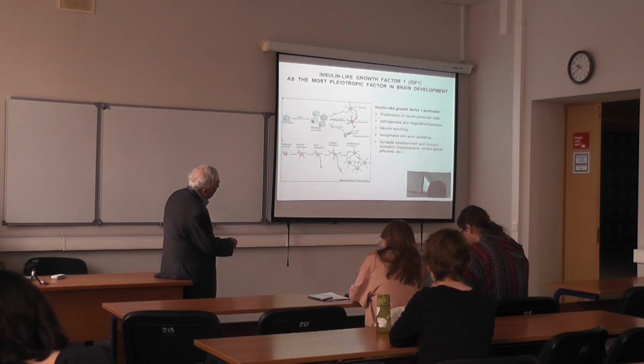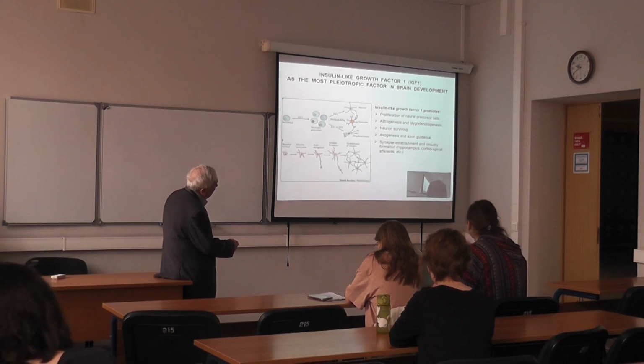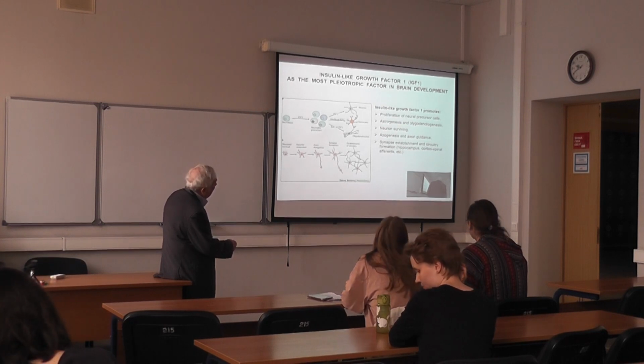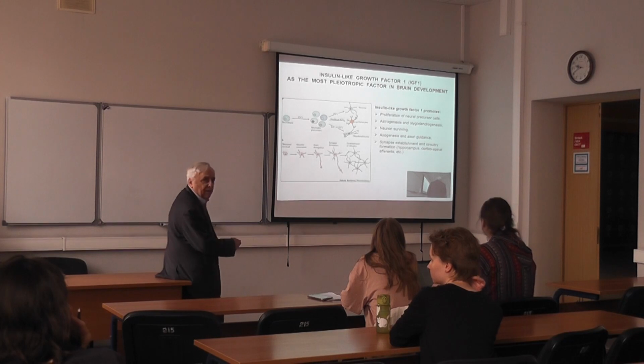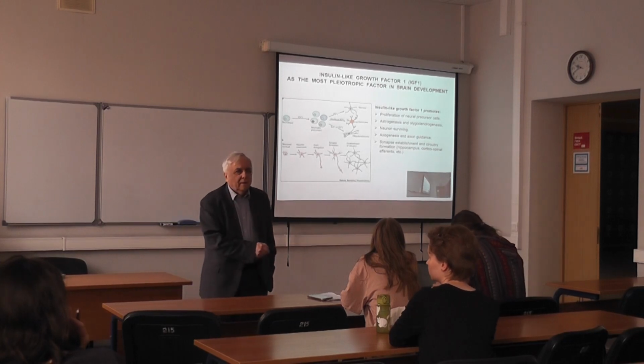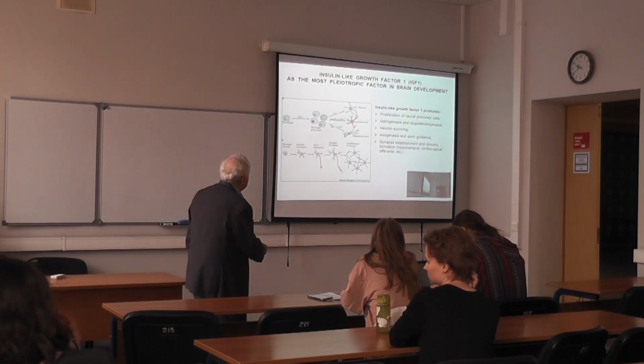How are these cells called, astroglial cells and oligodendrocytes? Are these neurons or other types? Glial cells. And what is the third type of glial cells, which is not mentioned here? Microglia. Yes, exactly.